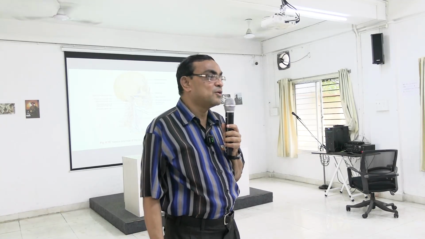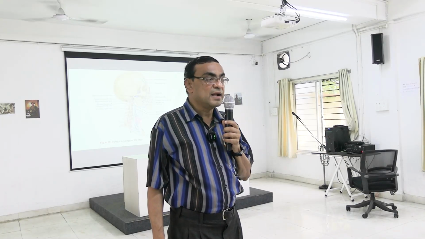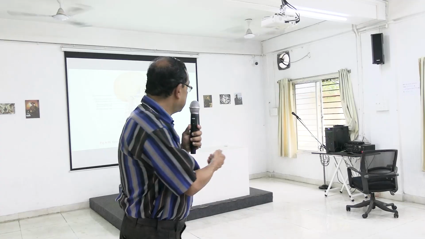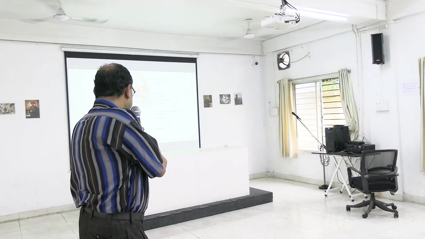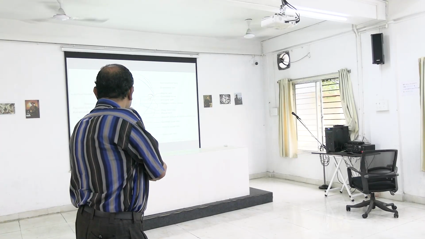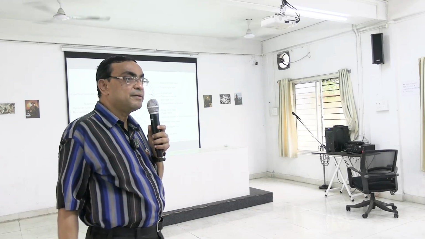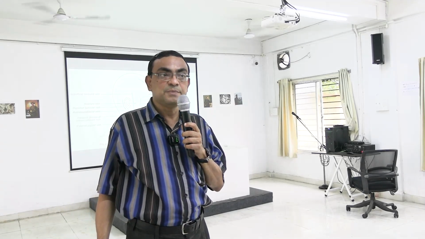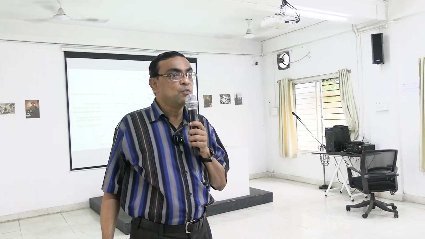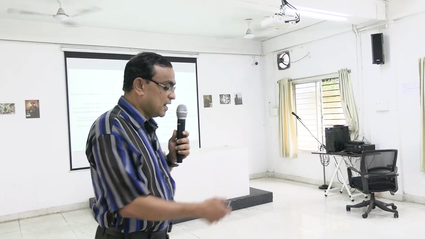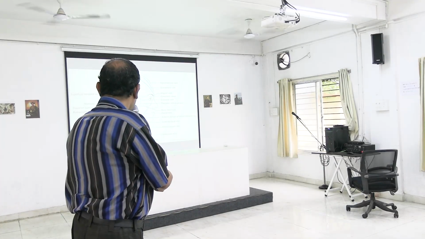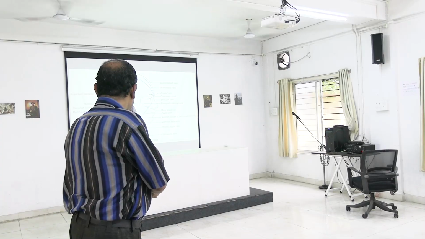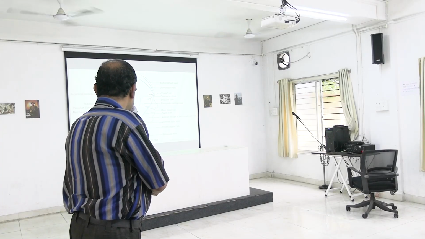There is a supratrochlear and supraorbital vein. And ultimately at the medial angle of the eye we get this formation of this vein, and that is the angular vein, and ultimately it is continued as the facial vein or anterior facial vein.